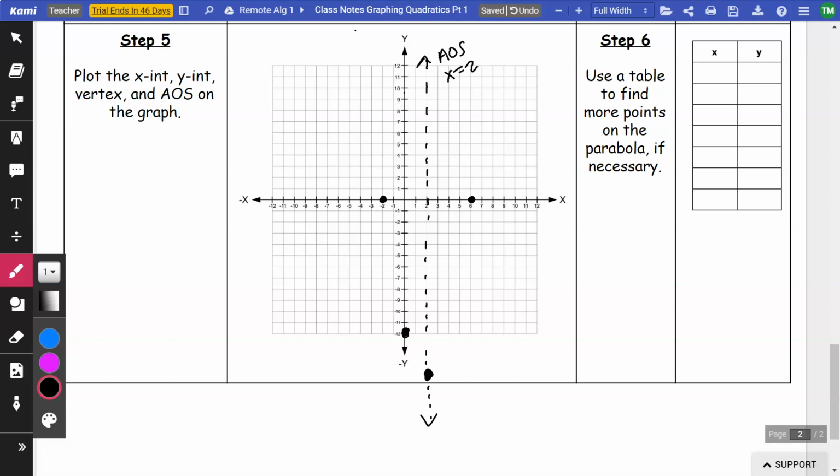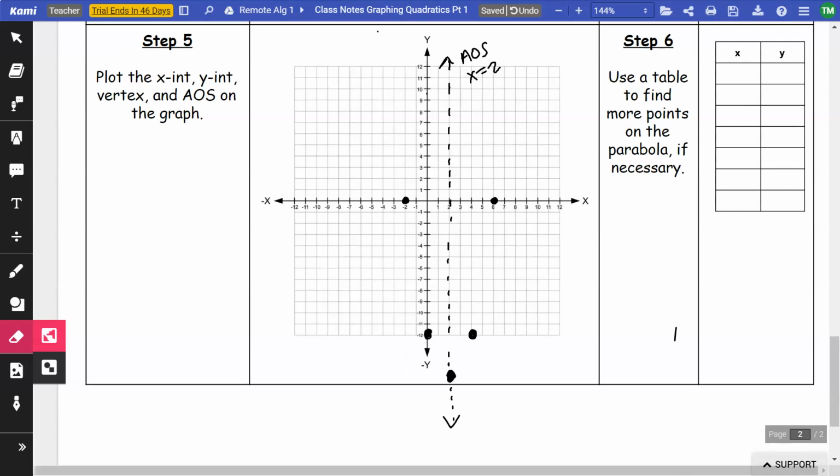Now we're going to reflect our y-intercept over the axis of symmetry. So it's 2 spaces away on the left side. So we know that the point on the right side will also be 2 spaces away from the axis of symmetry. And then we want to find some other points just to help us get a clear picture of the graph. So I'm going to plug in an x value between 0 and negative 2.